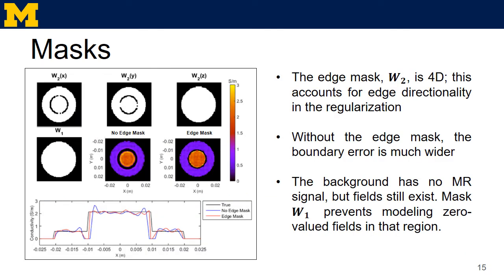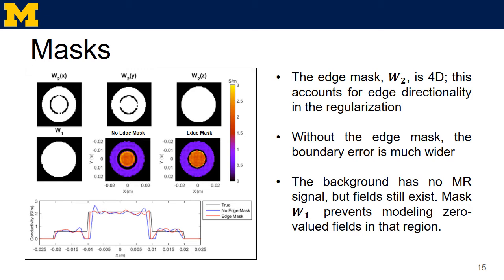The black and white images on the left show example masks from our simulation phantom. The top row shows mask W2, and W2 is actually a four-dimensional mask, so it accounts for edges in the horizontal, vertical, and Z direction, which helps us account for edge directionality in our regularization term. Mask W1 is shown in the second row.